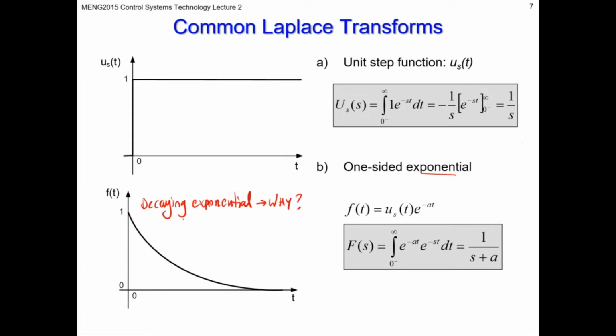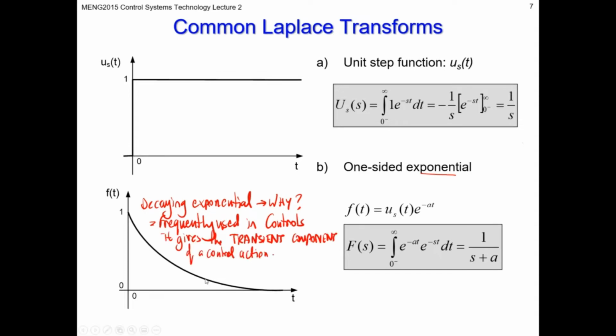Well, it's very frequently used in controls, because it provides the transient component of a control action. It's a common feature, a decaying exponential.